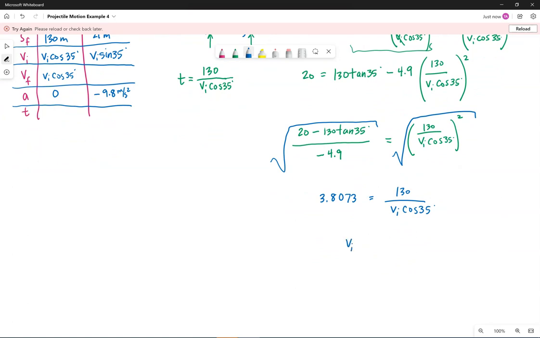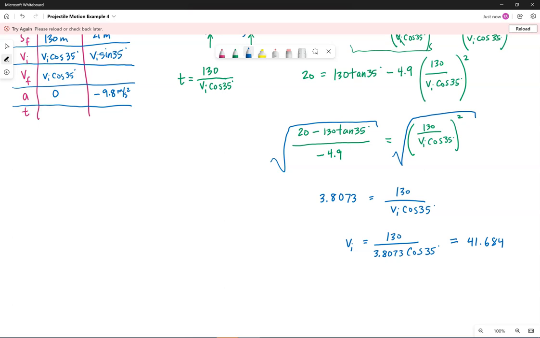Bringing V initial up here to the left and dividing the 3.807 to the other side, times the cosine 35, I get 41.684.